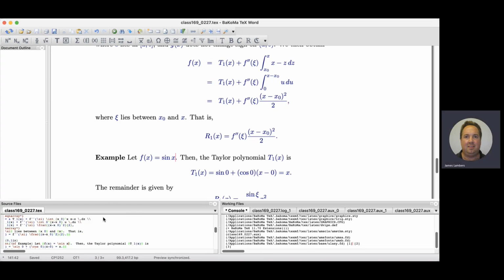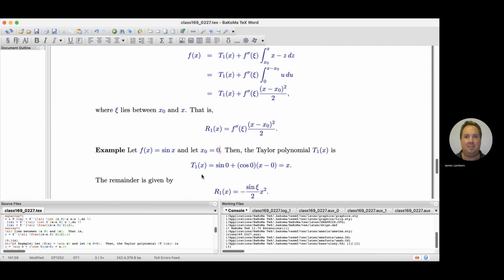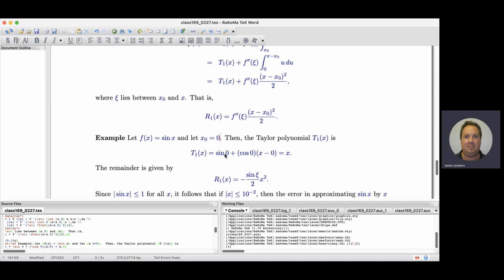Actually, I should make clear that in this example, my center is 0. Now, sine of 0 is 0, cosine of 0 is 1, so all of this just reduces to x. So sine x is approximately x when x is near 0.